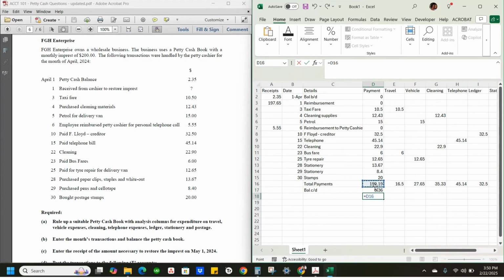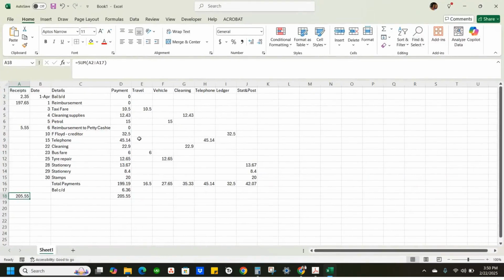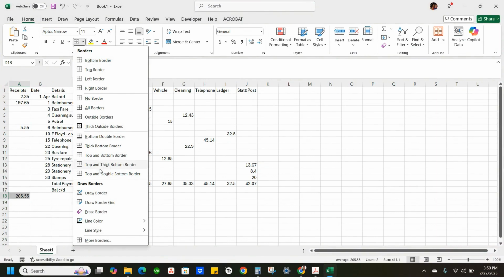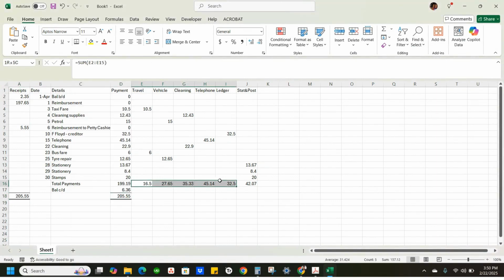We can come over here. We're now just balancing both sides. All right, just let me add in my lines where necessary. So put some double lines here.